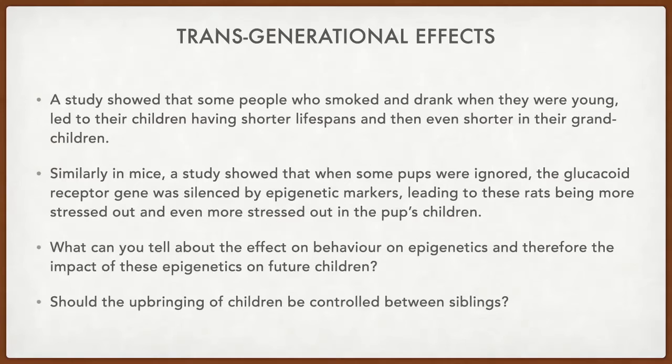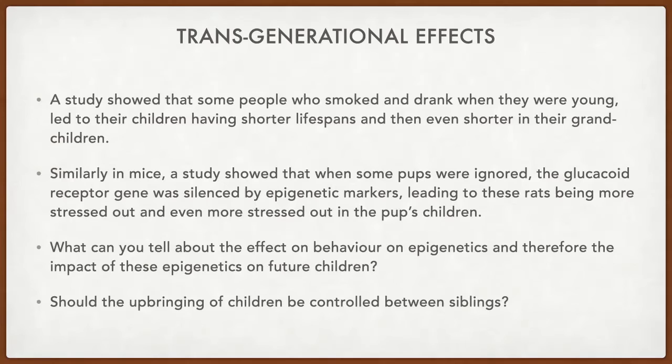So one thing you should be able to tell is that epigenetics can have a transgenerational effect. Things can be passed down and develop through generations. As we can see in the mice study, they were becoming more stressed out as the generations went along. Not only this, but then the idea of the upbringing of children being controlled between siblings.